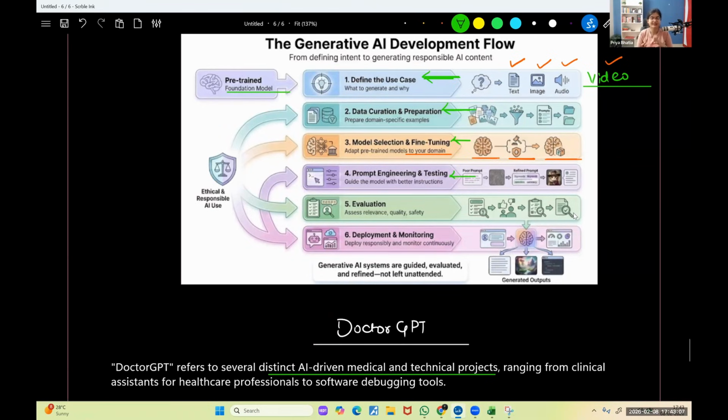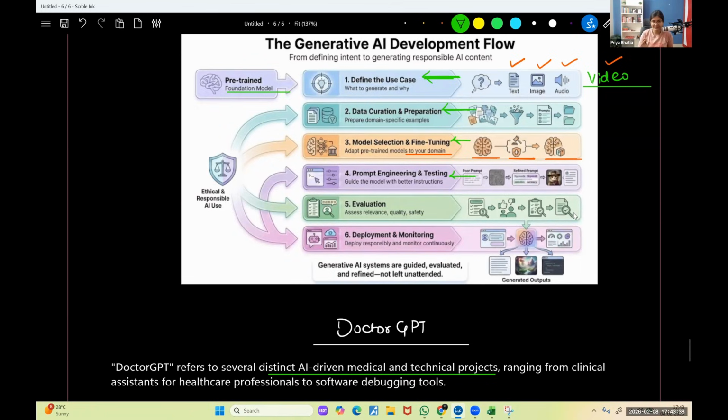Whatever questions they're asking, consider that Dr. GPT is a doctor. So is it giving a proper diagnosis, proper recommendations to the patients, proper prescriptions to the patients or not. So prompt engineering means writing an effective prompt and then checking whether the model gives an appropriate result corresponding to it or not. So that's the fourth step.